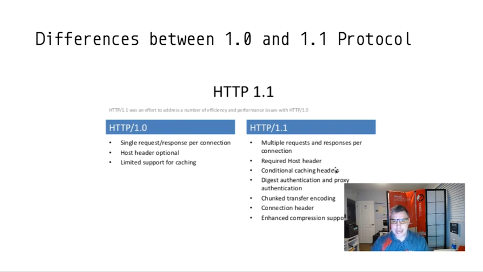You can add caching and compression, and as we keep progressing with the protocol versions, we keep adding more and more features to make things faster and more efficient. And we will now start doing a little bit of demonstration about actually installing Apache and getting to the nuts and bolts of what this is all about.